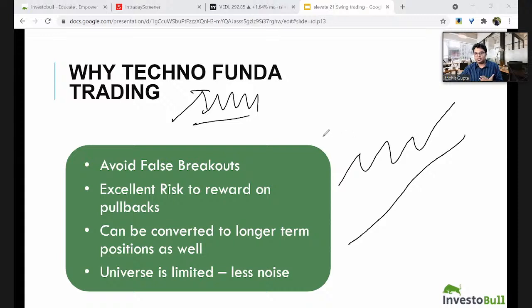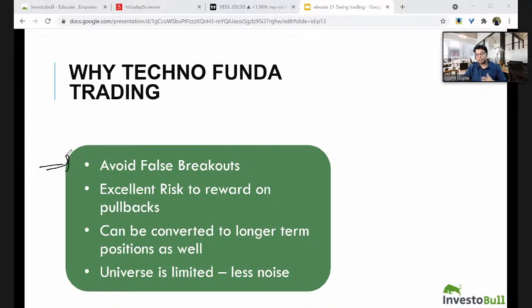But in fundamentally sound companies, breakouts succeed at a higher ratio than in stocks which are not fundamentally sound. Plus, if a breakout happens after a consolidation period, it has a higher chance of succeeding. So to avoid false breakouts, techno funda trading is a very useful strategy.